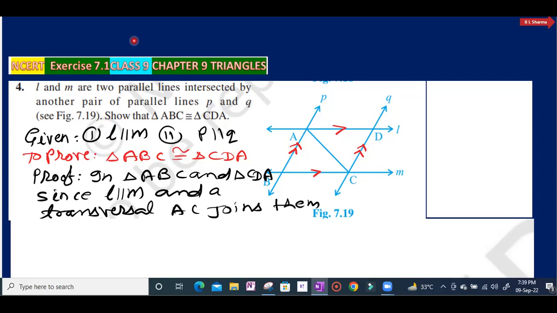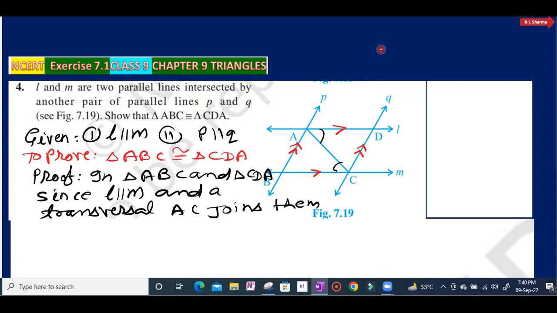See, these L and M lines are parallel, it is given, and this AC joins them. So AC is what? AC is a transversal. We know when two parallel lines are intersected by a transversal, then alternate angles are equal. So we can say that this angle will be equal to this angle.